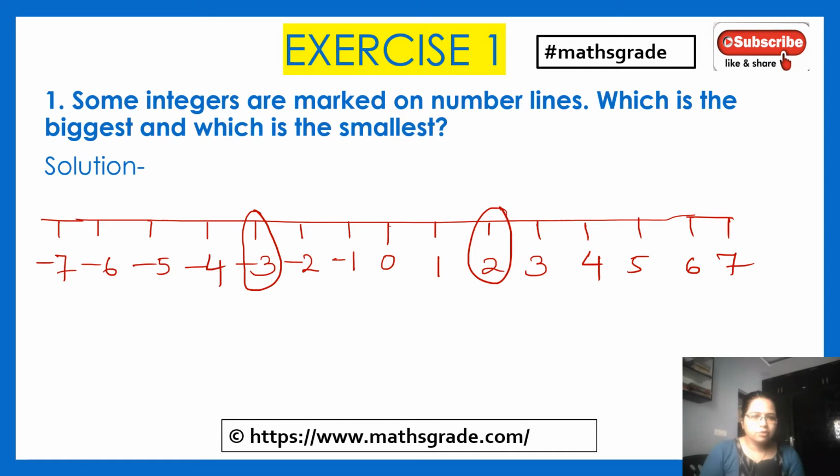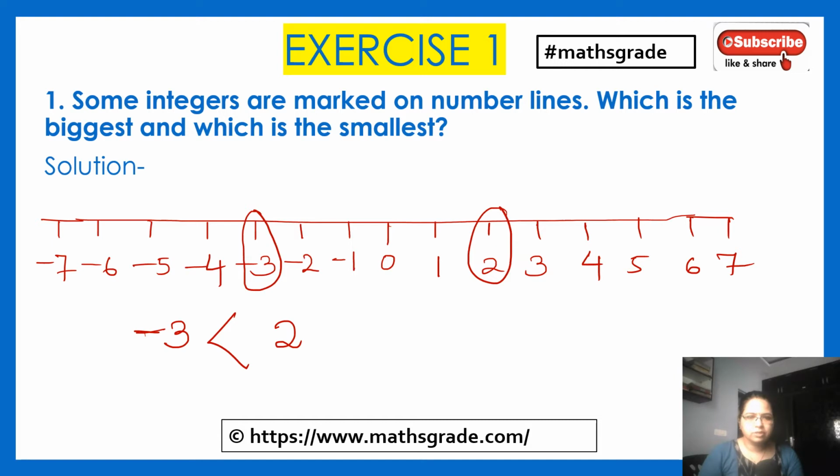From between -3 and 2, which is the smallest and which is the biggest number? We know every positive integer is greater than every negative integer. So -3 has a minus sign, so this is the smallest integer and this is the biggest integer.